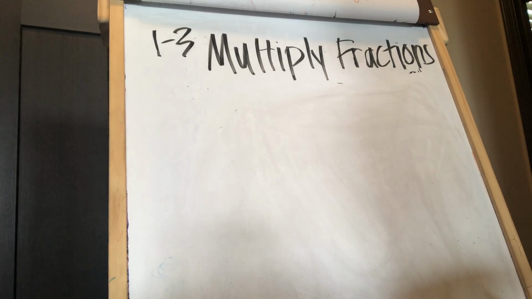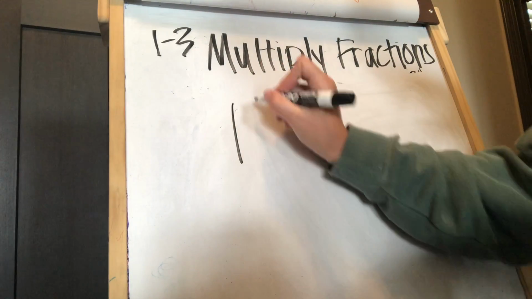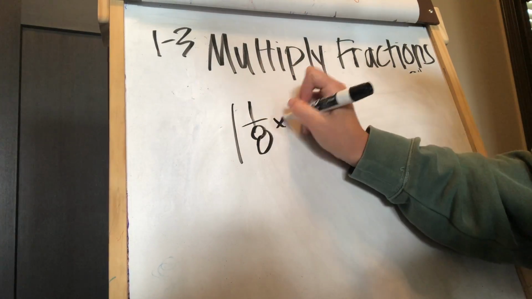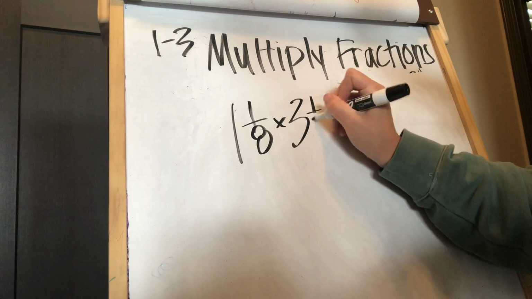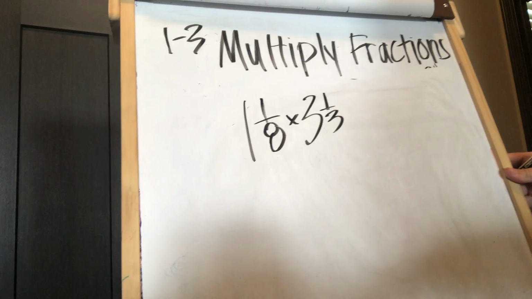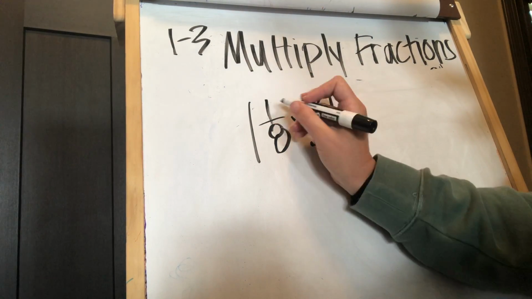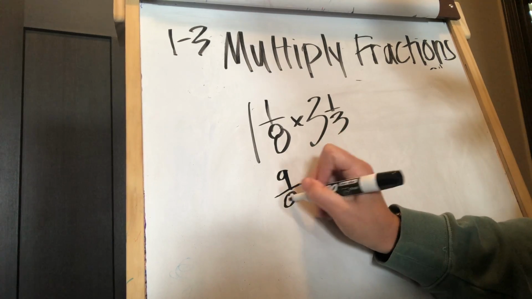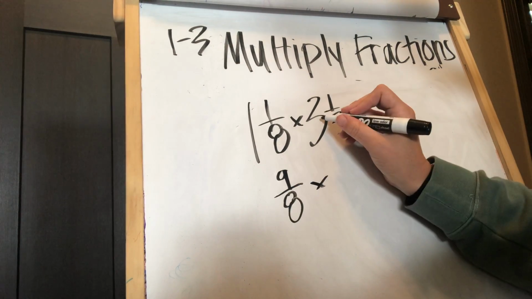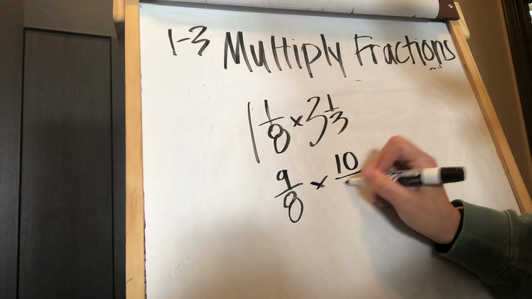All right, we're going to do one more example. And this one again is going to be a mixed number times a mixed number. So we have 1 1/8 times 3 1/3. So step 1 is to turn these into improper fractions. So I have 1 times 8 plus 1, so 9 over 8, times 3 times 3 plus 1, which is going to be 10 over 3.